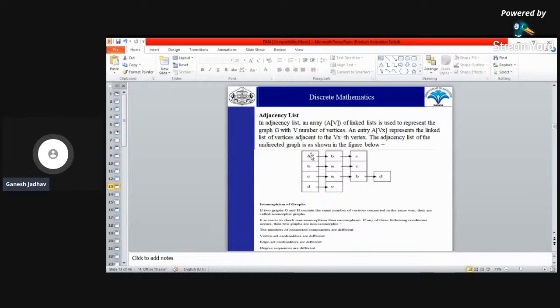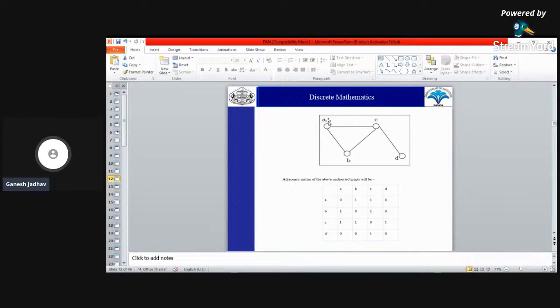So see here, you can write all the vertices A, B, C, D. And what they show here is the connections of A, B, C, D.